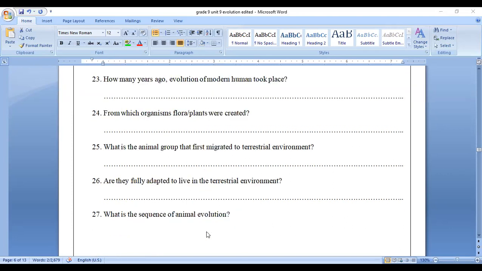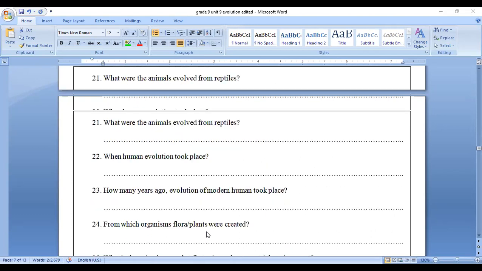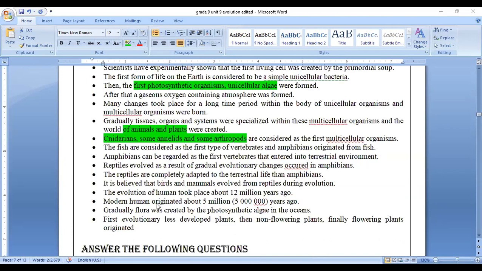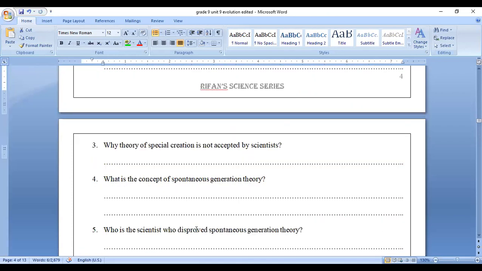From which organisms were plants created? From whom, according to the book? Photosynthetic algae in the ocean.